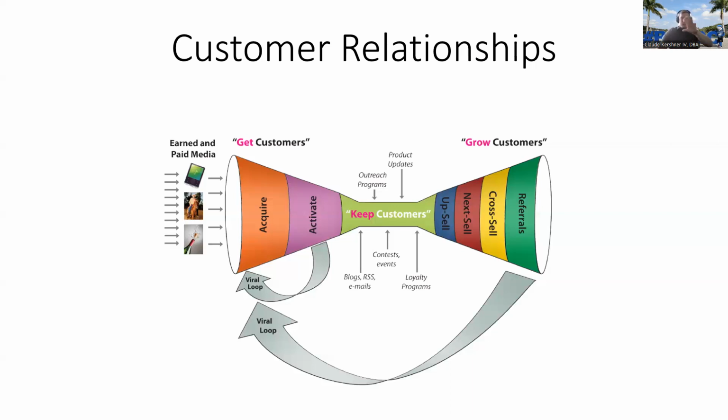And then, of course, once we're in this loop, we're getting customers, we're keeping customers, we're growing customers. We're really just doing it all over again. We're getting more customers, we're keeping more customers, and we're growing more customers.